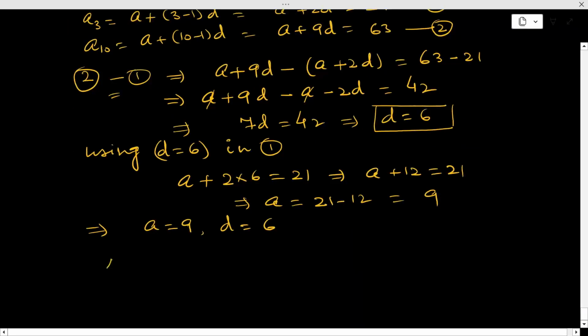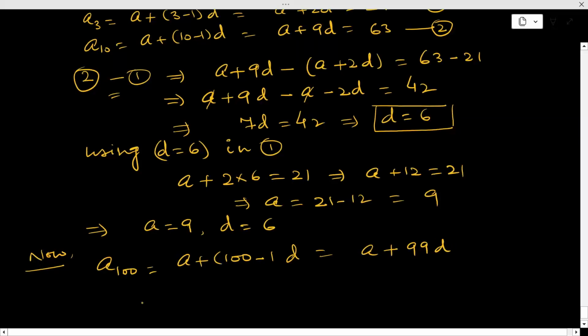Now in order to determine A100, we again use the same formula of the general term: A plus 100 minus 1 into D, where D is 6. So A100 is A plus 99D.